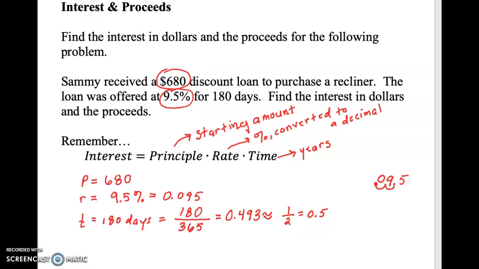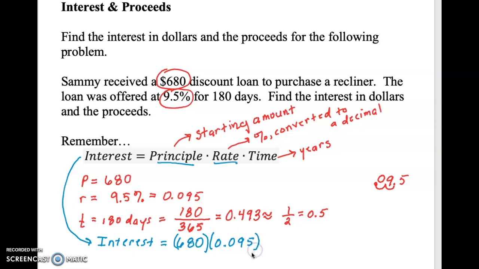So our final step here in our interest part is to use the formula and plug the parts in. So interest equals the principal, which is $680, times the rate, which is 0.095, times the time, which we got to be a half a year, or 0.5.